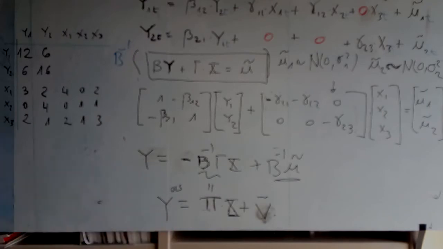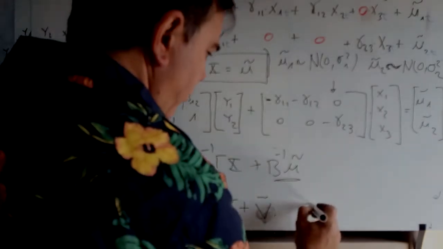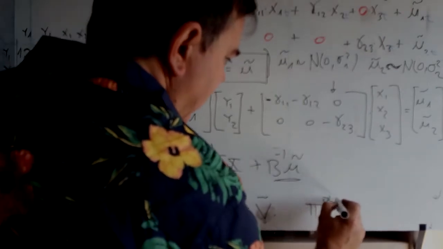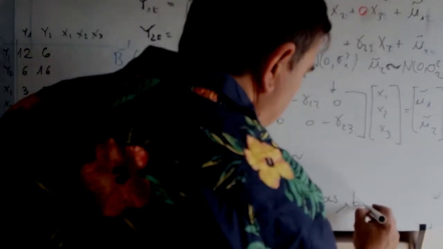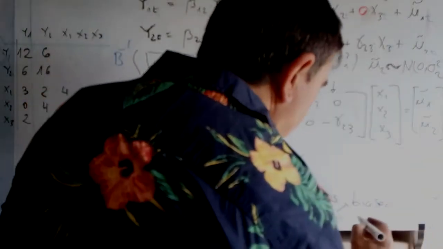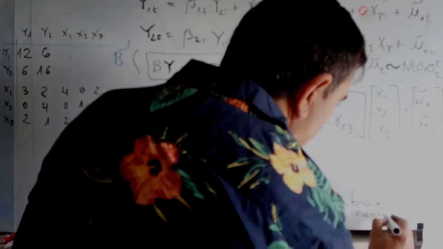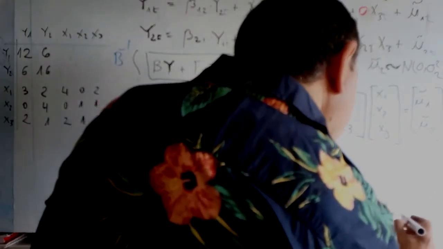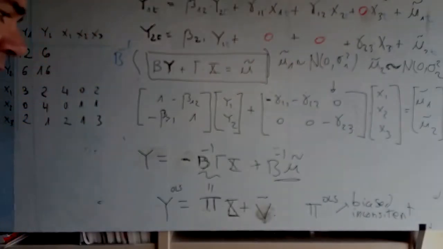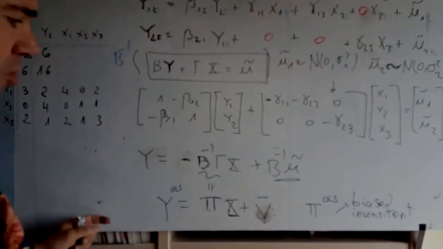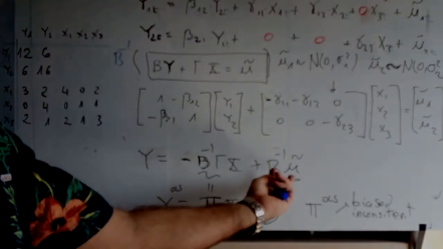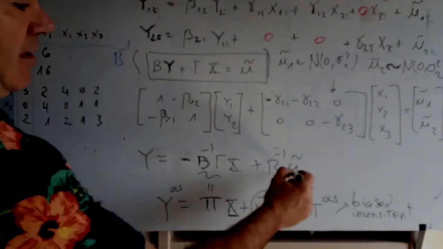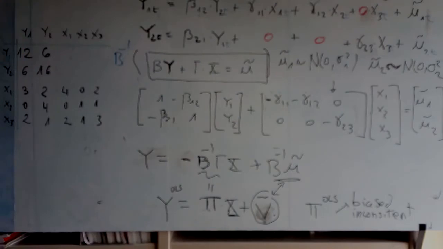The problem with this estimation, the problem with this P matrix, is that these P are biased and also inconsistent, in the short term and in the long term. The reason is that there are linear dependencies between the perturbations, between the error terms.